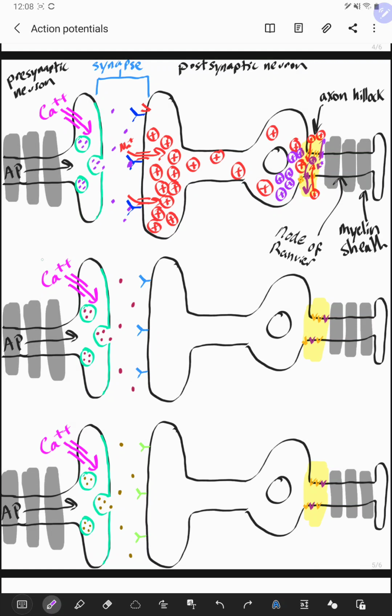Starting off, we're going to start in the same scenario where we have a successful action potential that traveled along the presynaptic neuron.